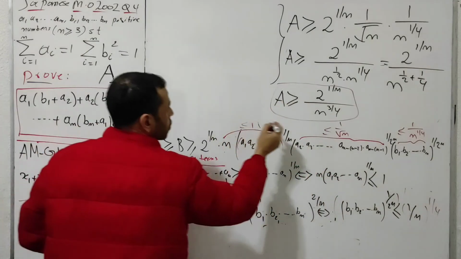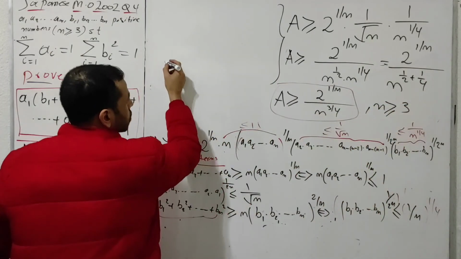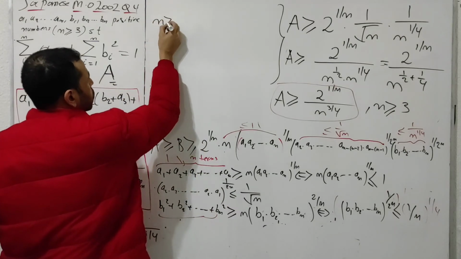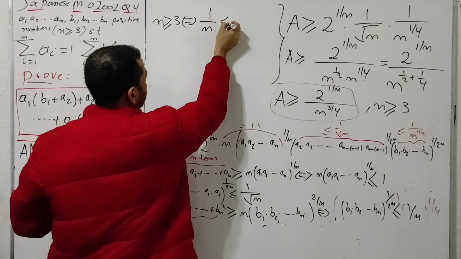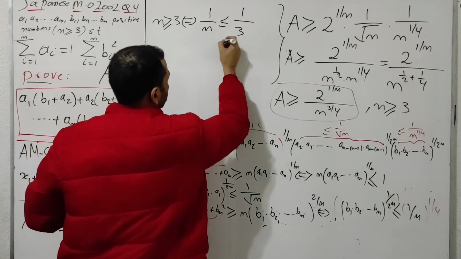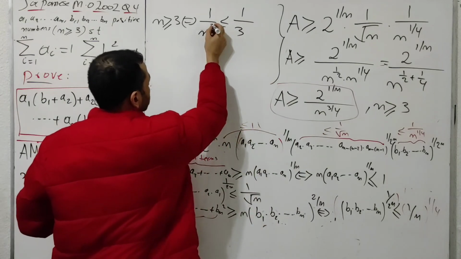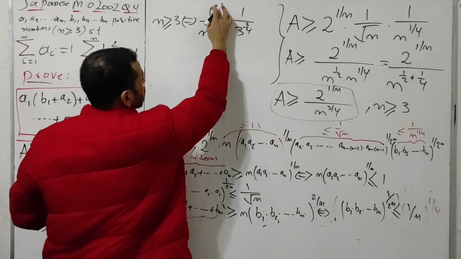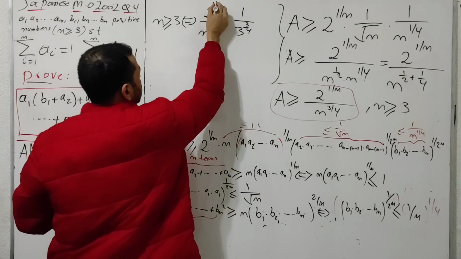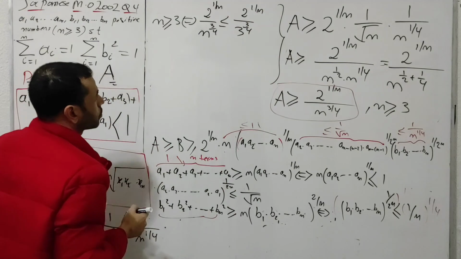Okay, we have n superior or equal to 3. Okay, so I will have n superior or equal to 3 equivalent 1 over n is inferior or equal to 1 over 3. Okay, I'm going to take 3 over 4 as an exponent on both sides, and multiply 2 to the 1 over n on both sides.